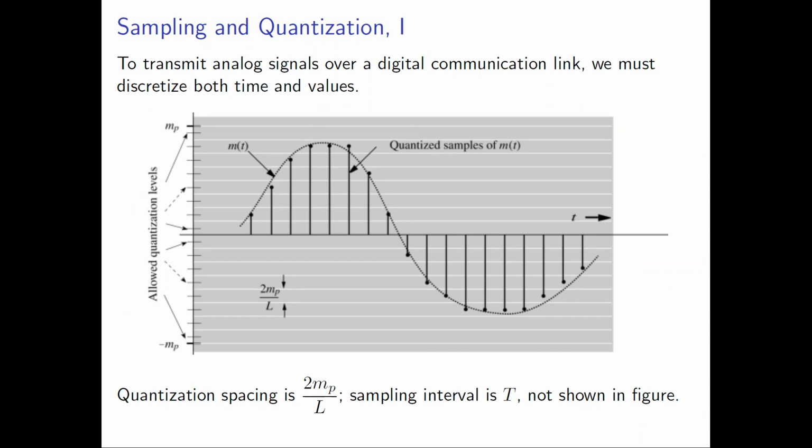The process of converting your signal from analog to digital, we call analog to digital conversion. To do that, we need to use sampling and quantization. We will go through this in detail in the future, but to give you an idea of how it works: sampling is responsible for dividing your signal in time.